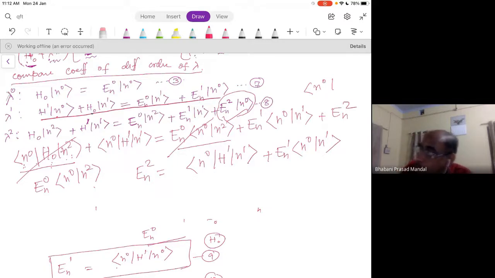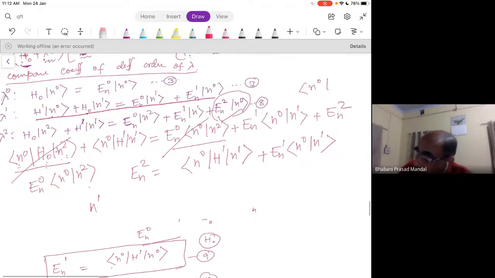Now I already know that I can write my n1, this is not prime, n1 that we already calculated. n1, if you remember, it was the sum over m not equal to n of c_nm times m0.